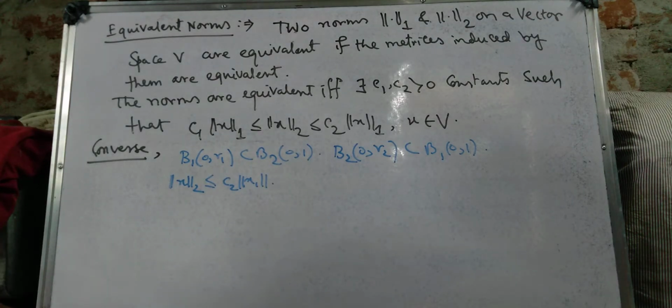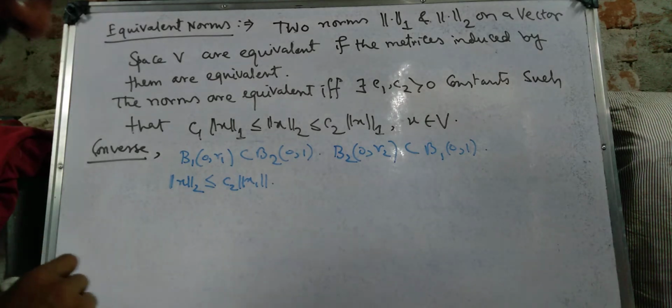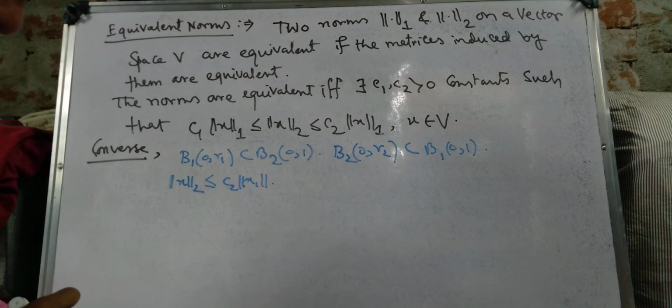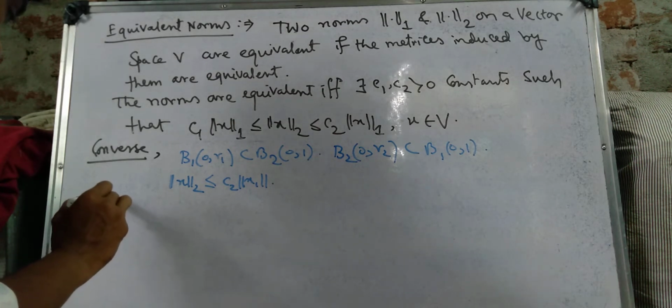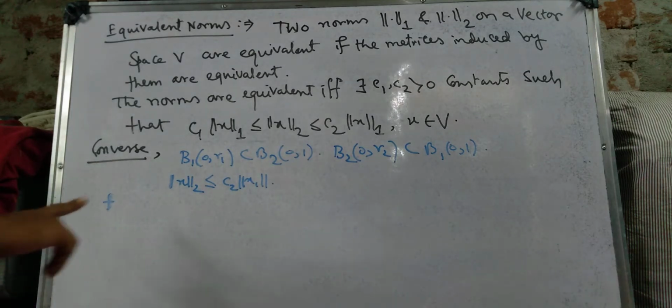How do we obtain this? We obtain it in a similar way if we replace these, B2(0,R) by B1(0,R). Consider y equal to Rx by 2 norm x1.